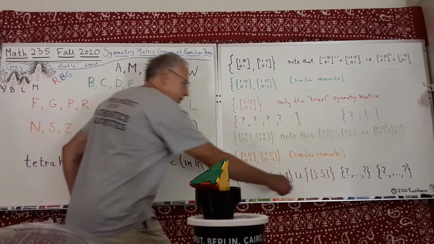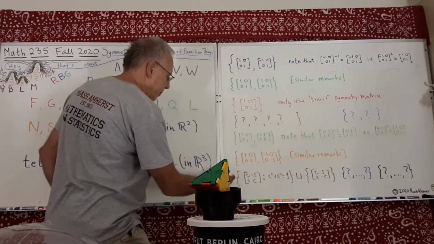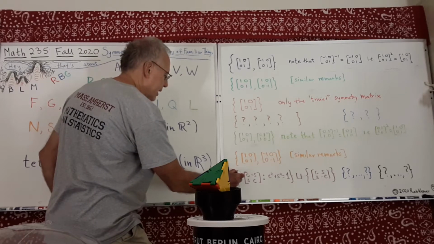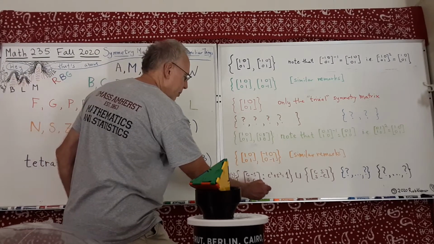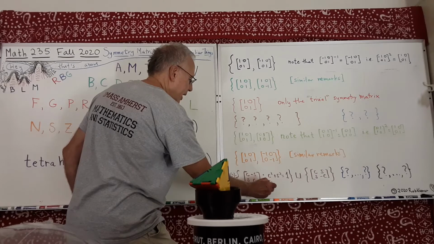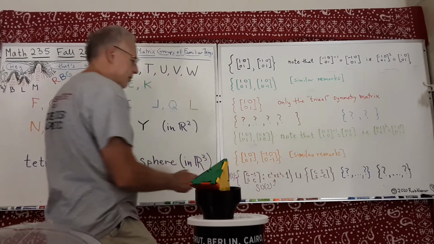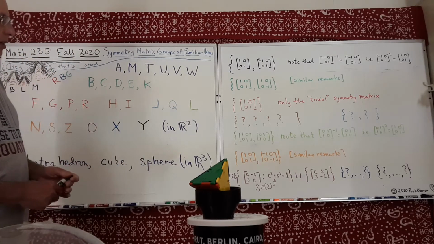This group here is known as O2. Okay, so it's the orthogonal matrices in 2 dimensions, 2 by 2 orthogonal matrices, O2. So this whole thing has a name. And this part here, where we only have rotations, the rotation part, which includes the identity. The identity is where the angle is 0. It's called SO2.